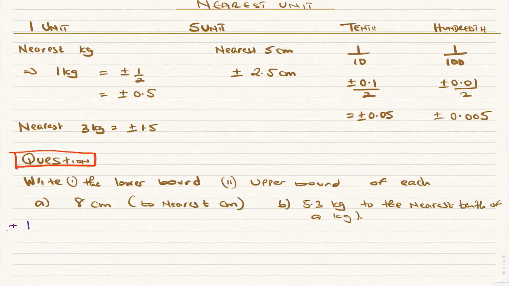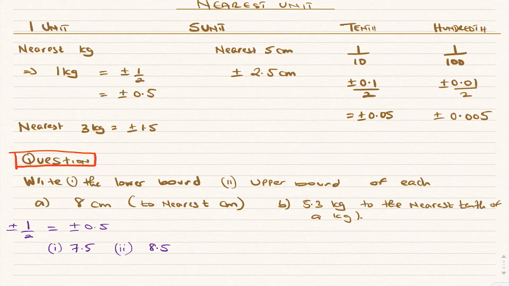So you do plus or minus 1 over 2, and that will give us plus or minus 0.5. So the lower bound of 8 will be 8 minus 0.5, that will be 7.5. And the upper bound of 8 will be 8 plus 0.5, that will be 8.5.